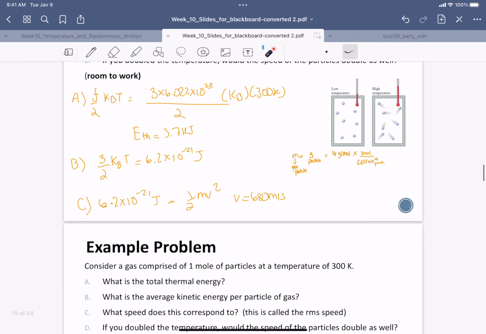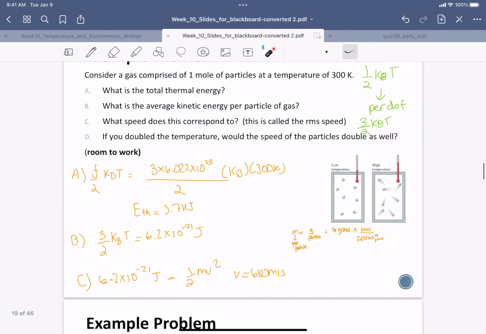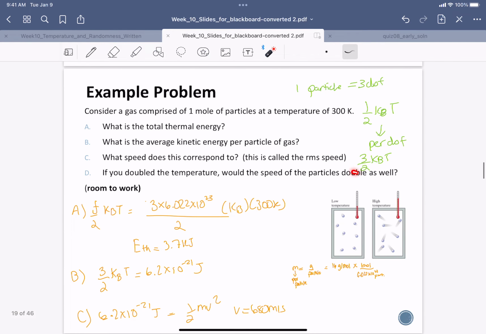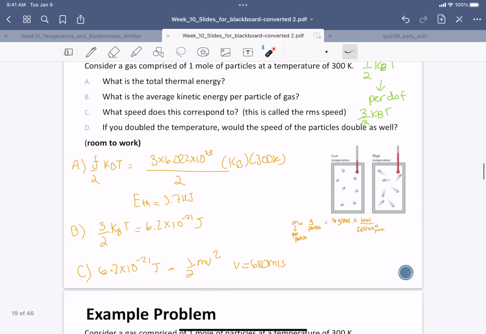Does that make sense? Because if they ask for average kinetic energy per particle of gas, I figured out the 3/2 kBT, and I got 6.2 times 10 to the negative 21 joules, and then I set that equal to half mv squared to figure out my RMS speed.